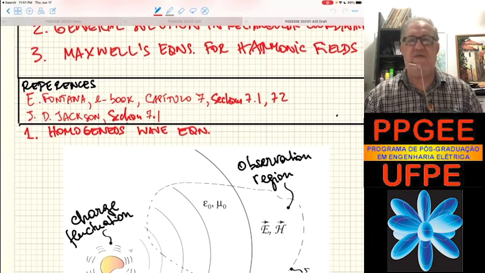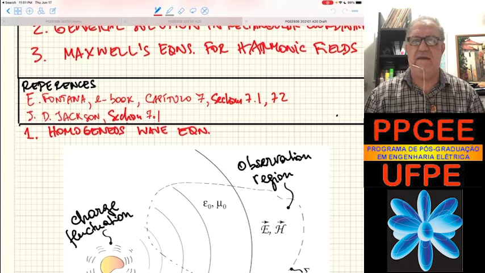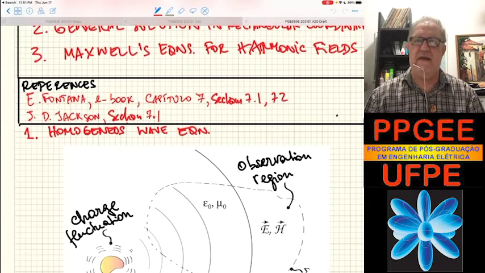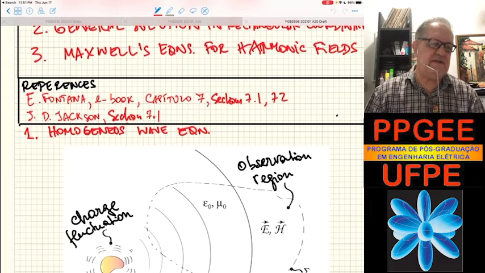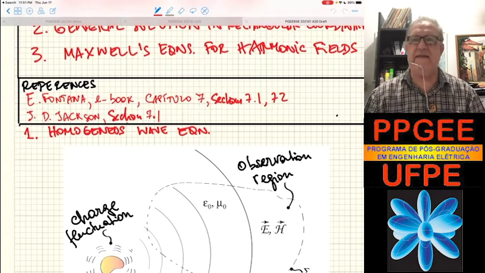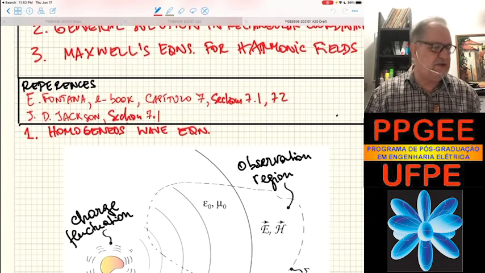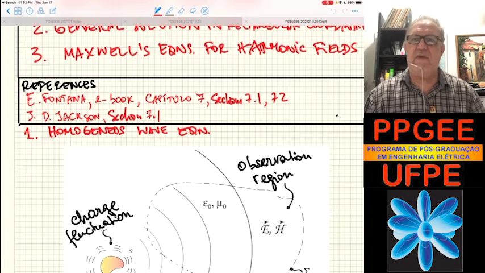But in 1905, Einstein, with his special theory of relativity, concluded that this ether wouldn't exist. So, in fact, he postulated, and experiments afterwards verified, that the velocity of light doesn't depend on any reference frame.